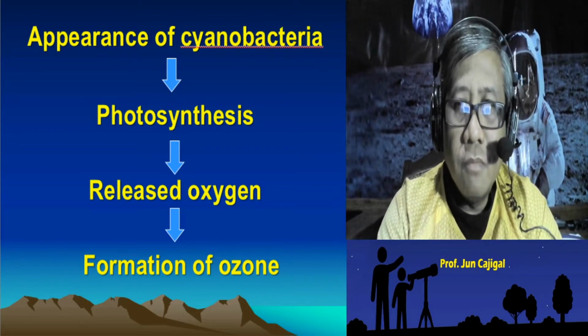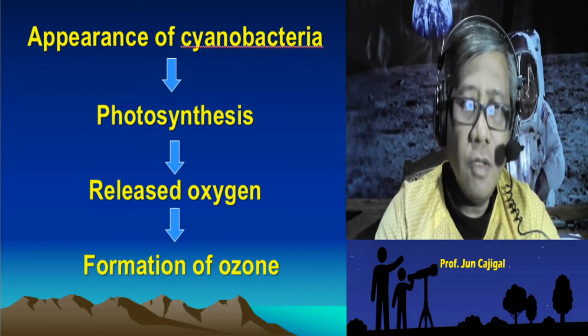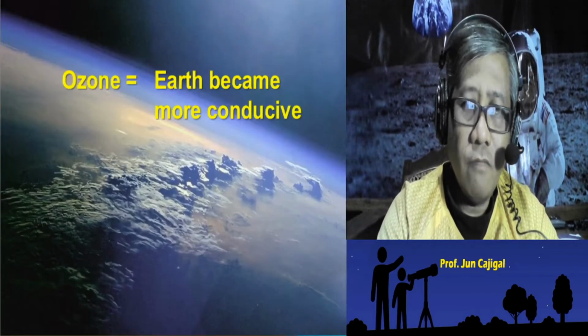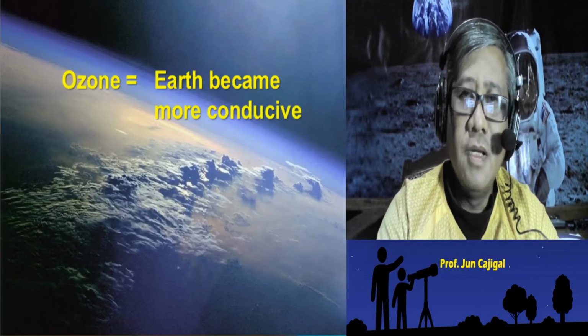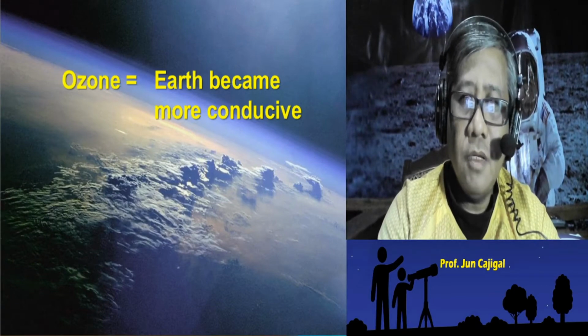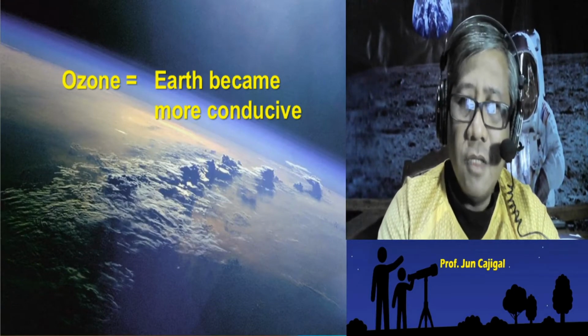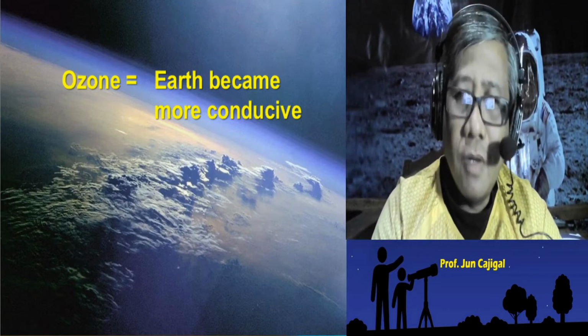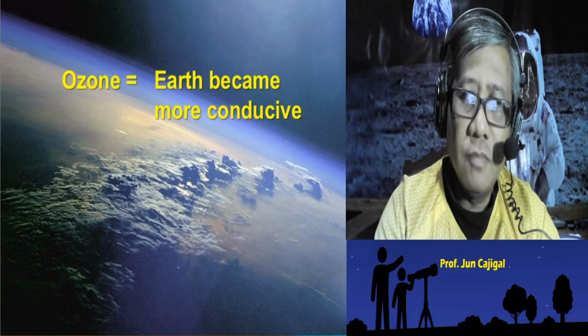So what does that mean? It means that the Earth became conducive for the evolution of higher life forms. Because of the presence of ozone, the Earth became more conducive for the evolution of higher life forms.